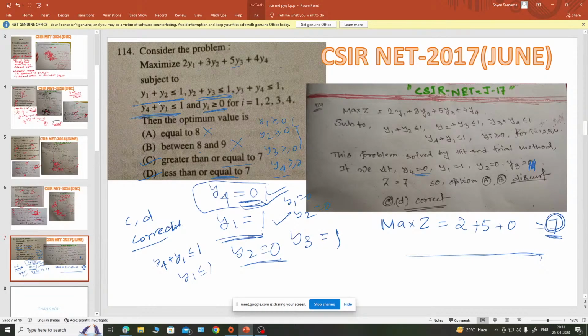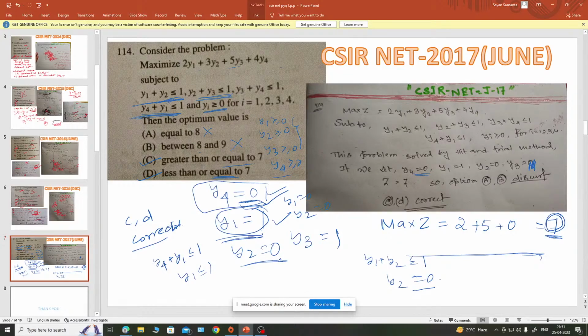Now the first subject-to condition says y1 plus y2 is less than or equal to 1. If we consider y1 equals 1, then definitely y2 is 0. Is it possible? Is it clear?